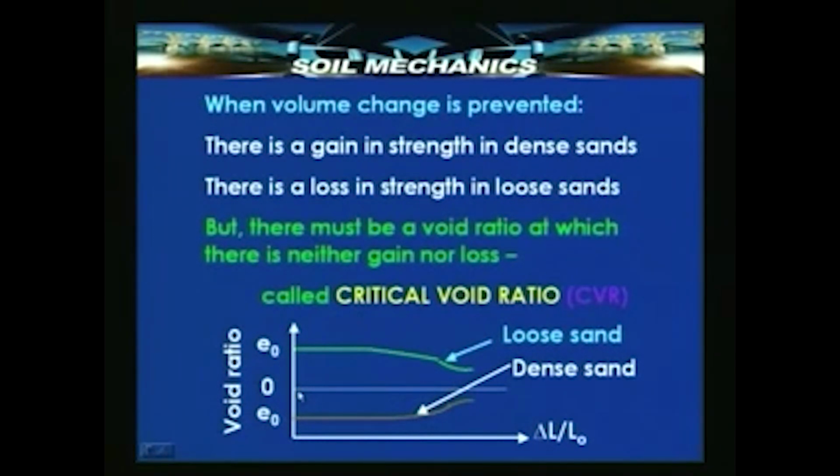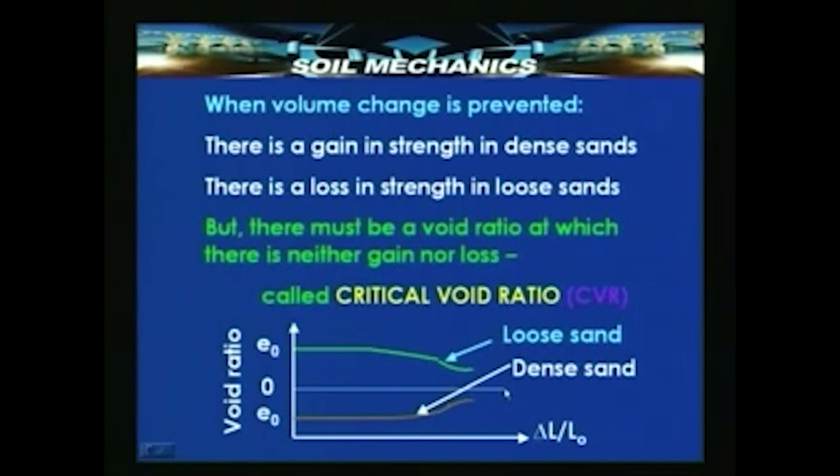Ultimately, if we compare these void ratios with the void ratio corresponding to 0, the 0 line, we find that there is a void ratio here at which the axial strain is such that no volume change takes place.